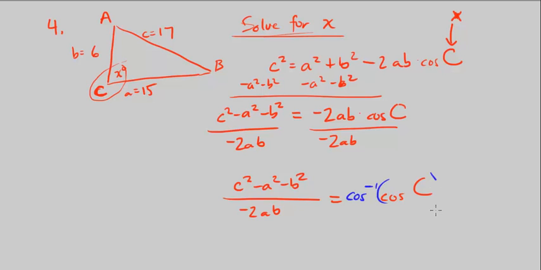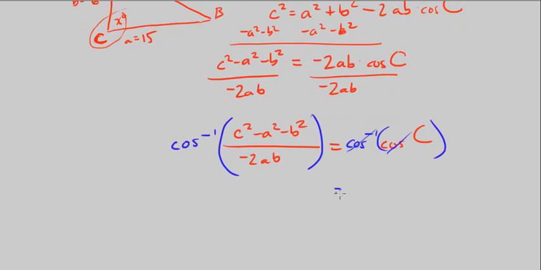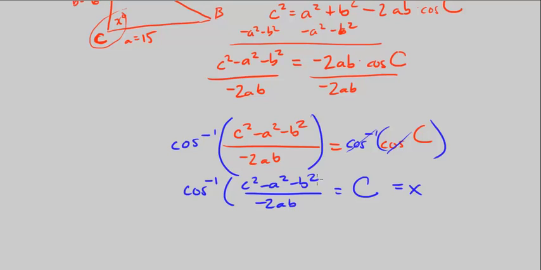Well, with the inverse cosine. If I do it to that side, I must do it to the entire left side. So now this cancels the cosine, and I'm left with angle C, which is equal to x, is equal to the inverse cosine of c squared minus a squared minus b squared, all over negative 2ab.